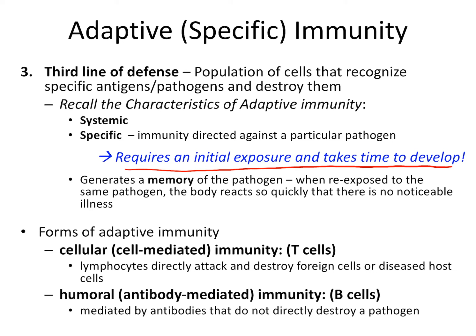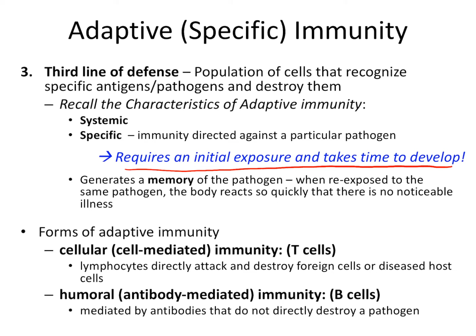The adaptive immunity, however, is going to take time to develop. So it's going to be a slower way of defending the body than the innate immune system. However, we'll see what characteristics make it so effective as well, even though there is this little downside that it takes a longer time to develop.